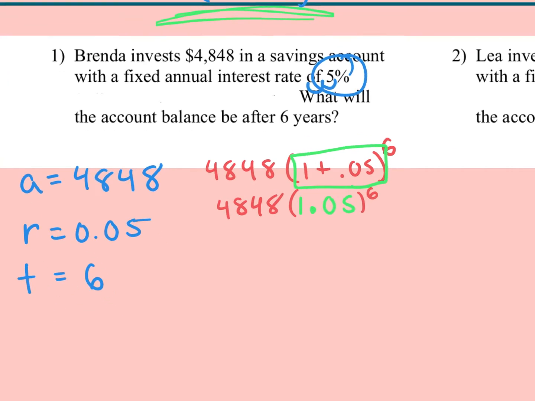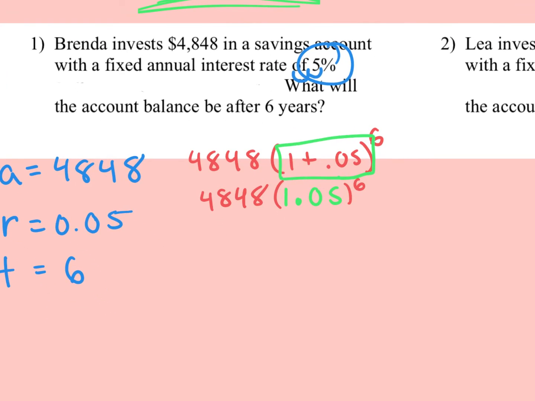What do I have to do next? I do the exponent. It's not getting distributed, but we do the exponent. So we put this into our calculator. 1.05 to the power of 6. If you don't know how to do the exponent in the calculator, can you just do 1.05 times 1.05? Yeah, but if it was 12 times, it would take you a long time. So that's why you got to know how to use your calculator.